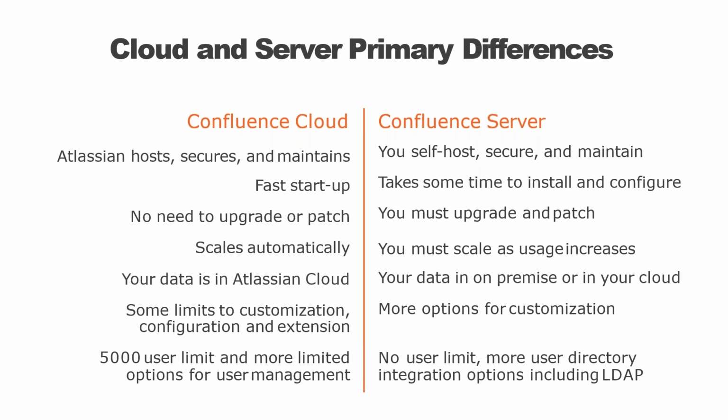No need to upgrade or patch. Scales automatically. Your data is in the Atlassian cloud. Some limits to customization are of course there because it's a hosted solution. And there's a 5,000 user limit and more limited options for user management. So this is Confluence Cloud. Again, server also we have.